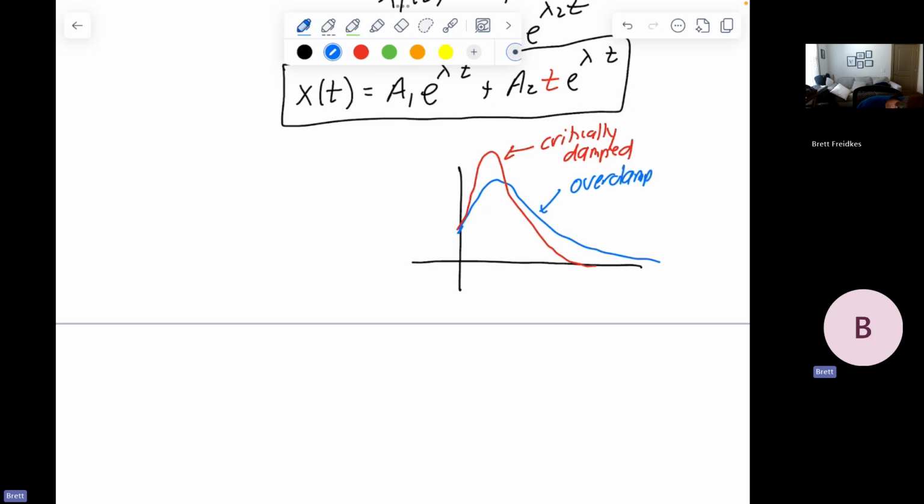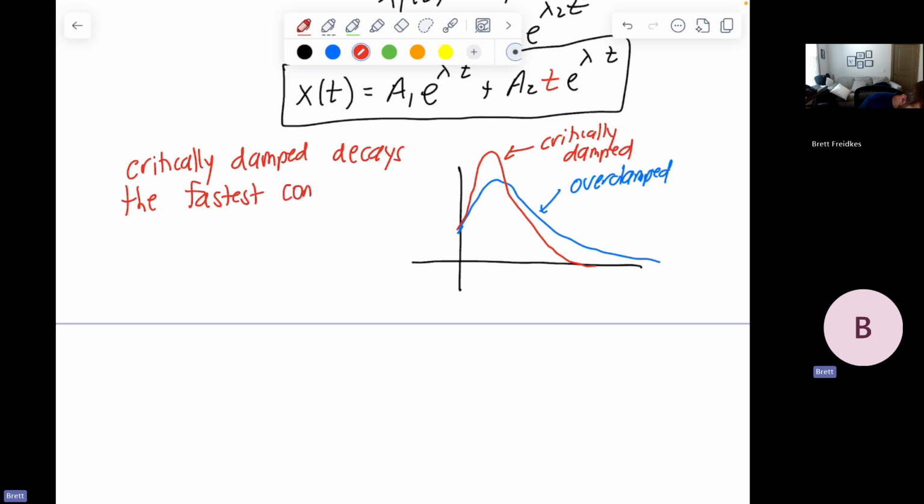Again, this depends specifically on the B's, M's, and K's. But the special thing about critically damped is that it decays the fastest compared to any other case.